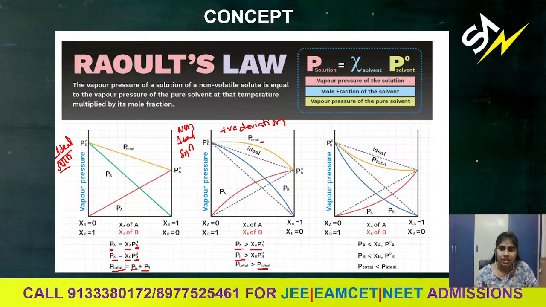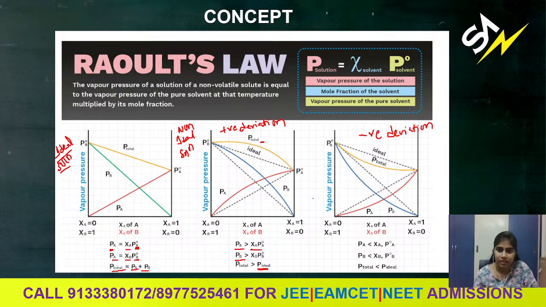When it comes to negative deviation, it means it is deviated below the ideal line, which is known as negative deviation from Raoult's law.